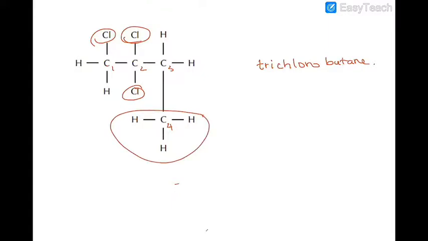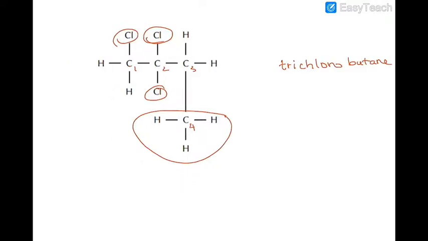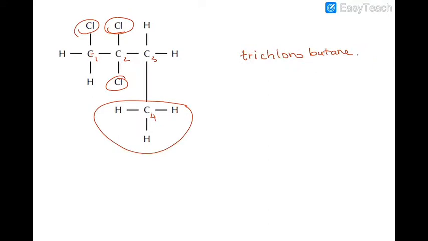This is the chain which keeps on going. A side chain would be interrupting the flow of the chain. So here the flow of the chain keeps on going. You can see the carbons connected. So this is not a side chain, this is still in the main chain. So trichlorobutane, and you need to specify the position of the three chlorine.